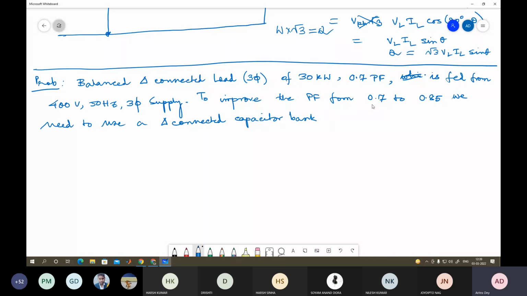Okay, find out the capacitance. Find out each capacitance, meaning it is balanced also, the capacitor bank.